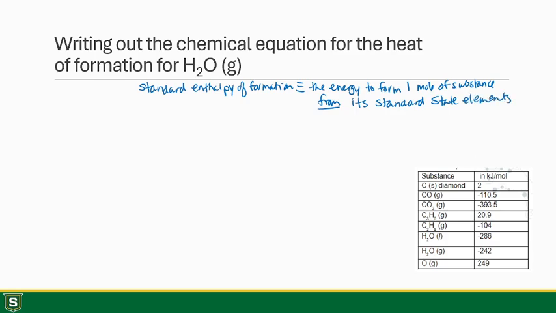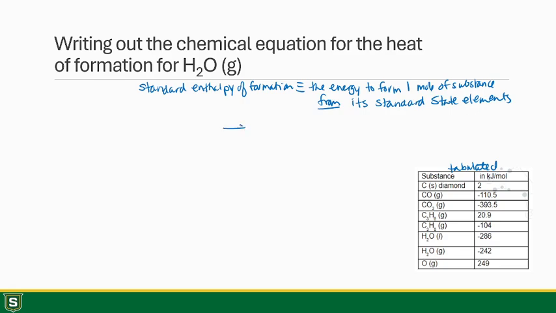And again, this is usually already tabulated for us, so I might be able to find these values, but it's important to be able to recognize some of these things. So sometimes I'm like, what are they actually talking about? What would be the reaction associated with forming 1 mole of the substance from its standard state elements?